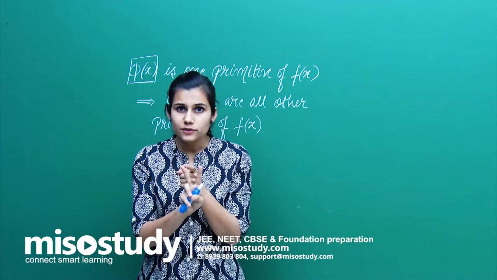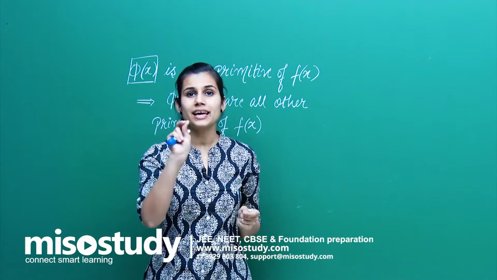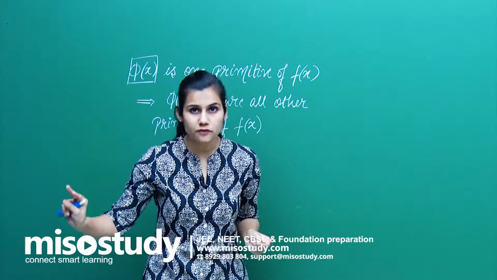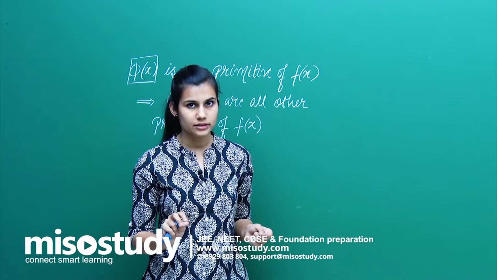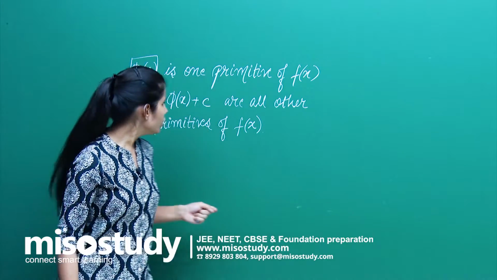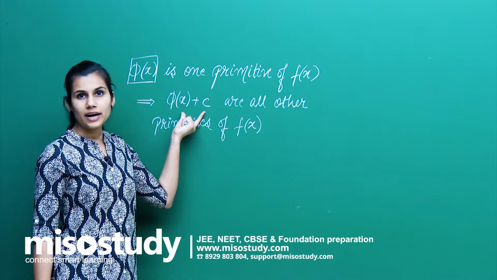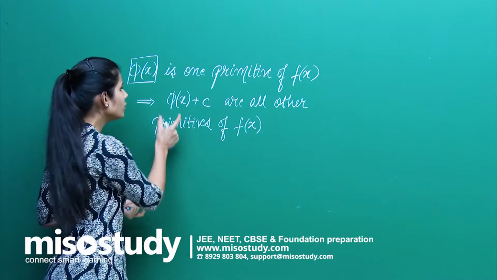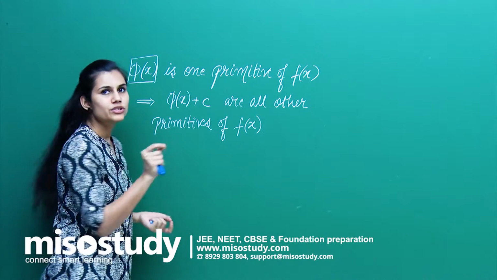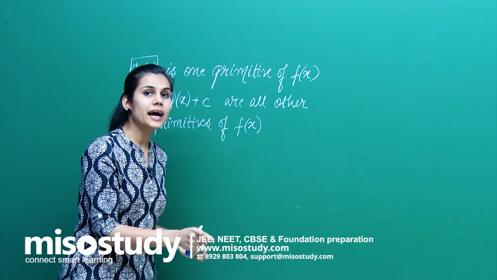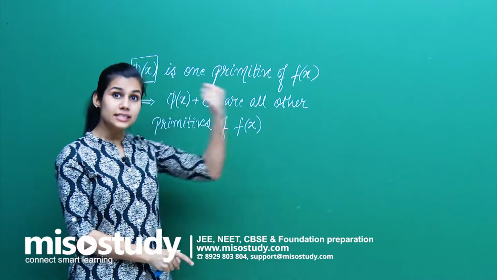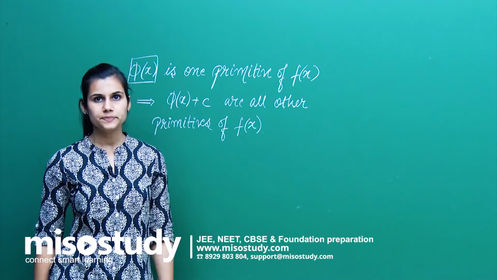Any two antiderivatives of f are only going to differ by a constant, no function of x. So it is only this antiderivative which is a function of x, right? Apart from that, every other antiderivative is this antiderivative plus constant.